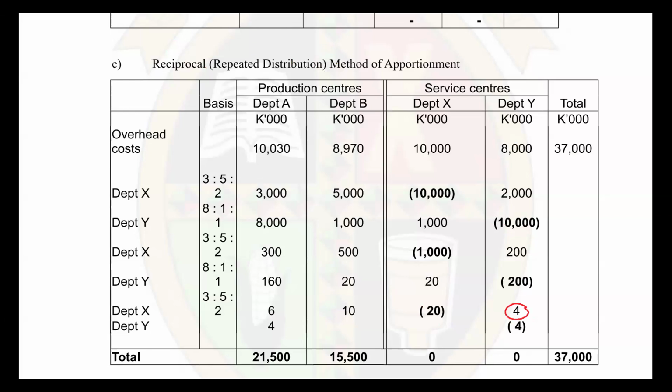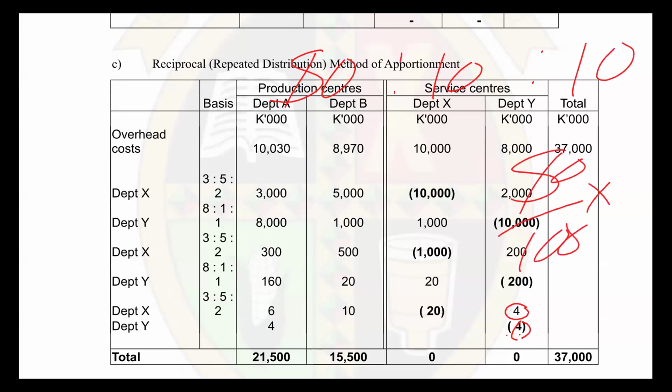Now this 4 should not be in Y. The reason is because Y is a service center. We have already said that we don't need costs in the service center. So we'll go ahead and do the reapportionment of Y again. This 4, at what basis? What basis are we using to reallocate? It is 80, 10, and 10. So you say 80 over 100 times 4.